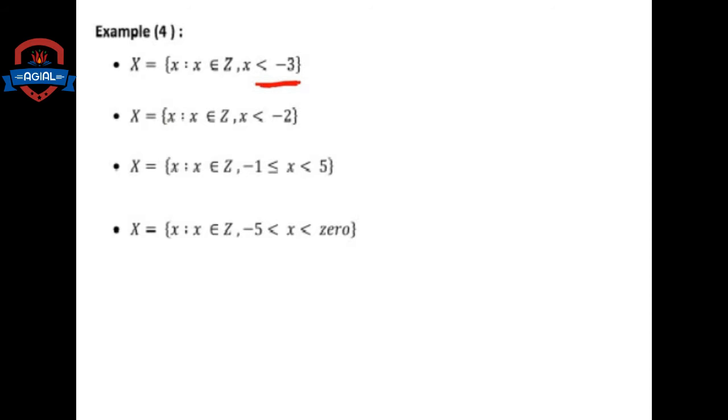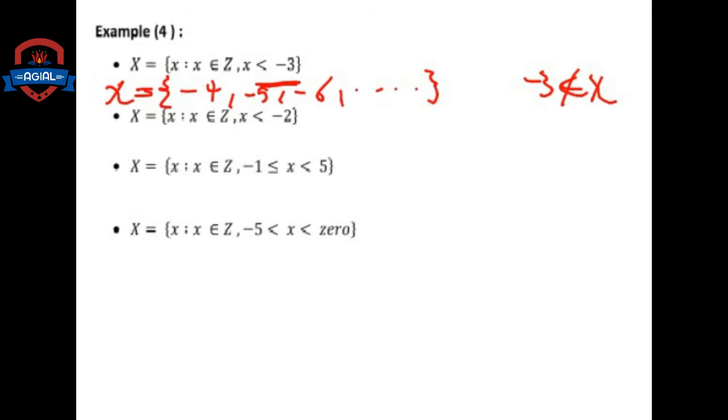So the set X equals, we open bracket, we have negative 3, but negative 3 doesn't belong to the set X. So we have negative 4, negative 5, negative 6, and so on. And we close the bracket.